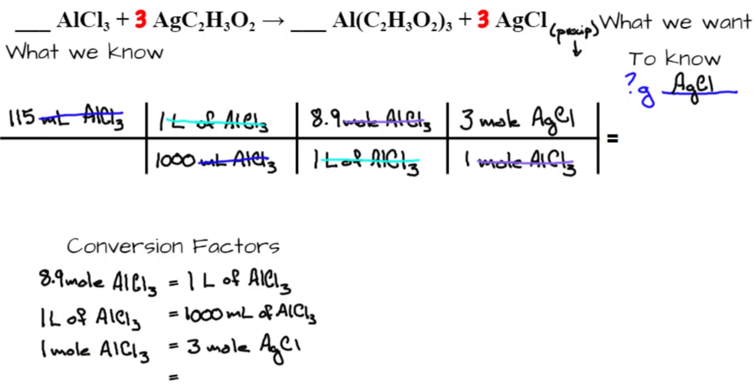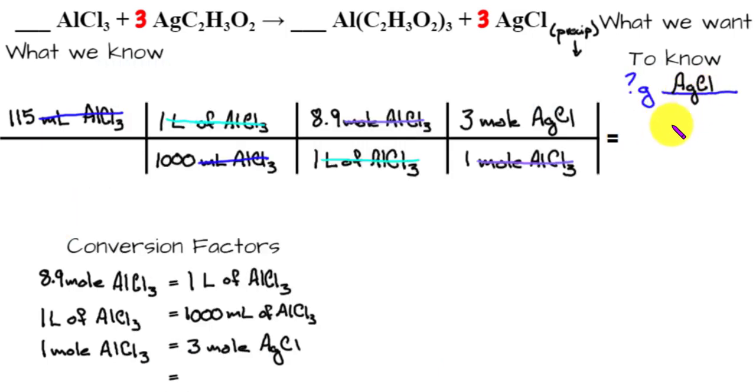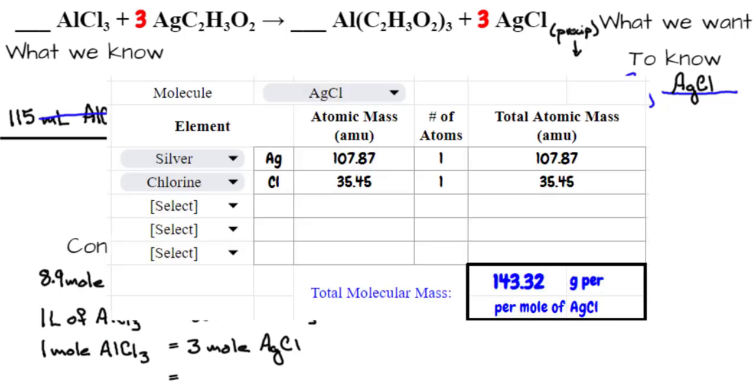So if I go back and look at my quote-unquote train map, I'm in mole town right now. Eventually I want to know the mass. This is not an element, so I can't use atomic mass units, but I can figure out what the molecular mass of silver chloride is.